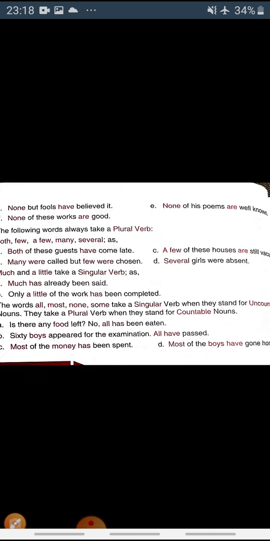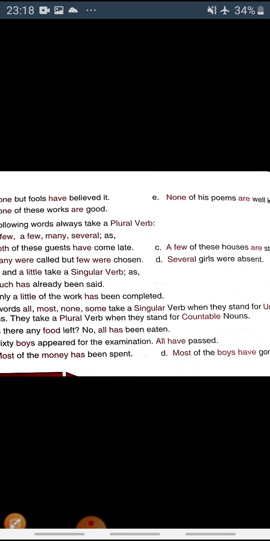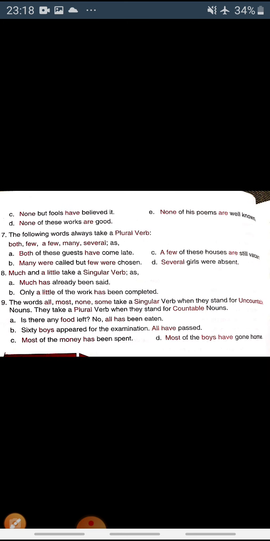Several girls were absent. Right, now much and a little will take a singular verb. Much has already been said. Only a little of the work has been completed. Much and a little will take a singular verb. Both, few, a few, several, many will take a plural verb.